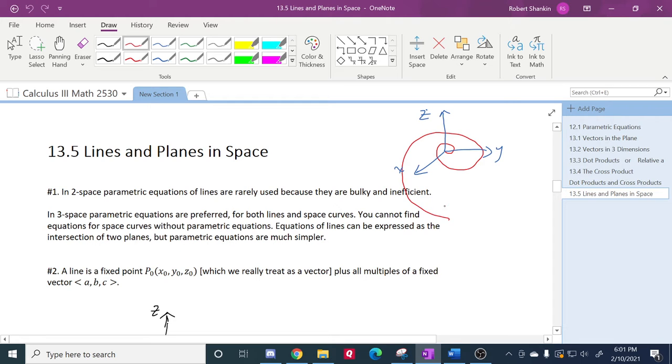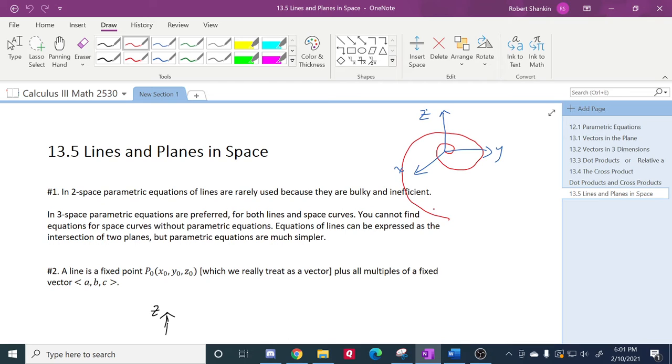And for complex space curves, I don't think there's any other way other than using parametric equations. Some really symmetric space curves you might get as intersections of some shapes, but most really complex ones, you gotta have parametric equations or you're not going to be able to get the equation of it.